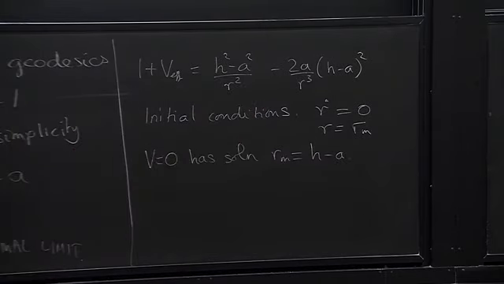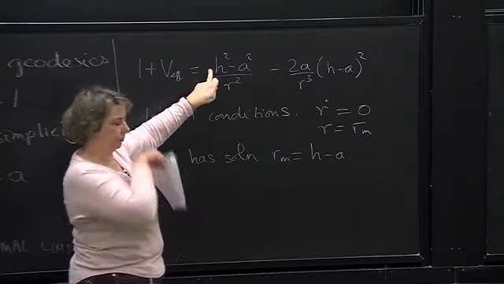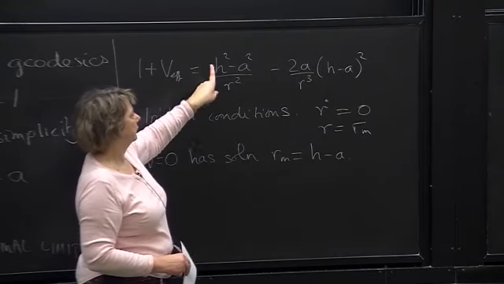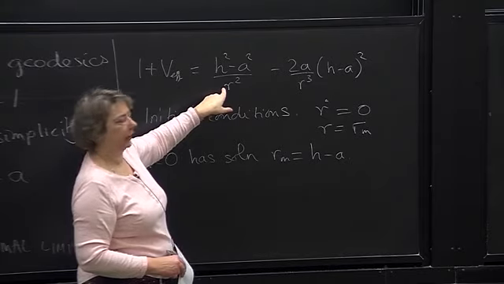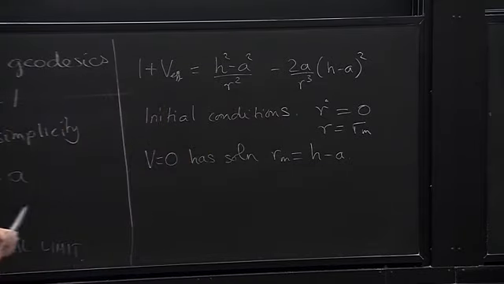And my solution is h minus a. You see that because this is h minus a times h plus a. And so you have h plus a over h minus a here, and then minus 2a over h minus a, and that gives you 1.